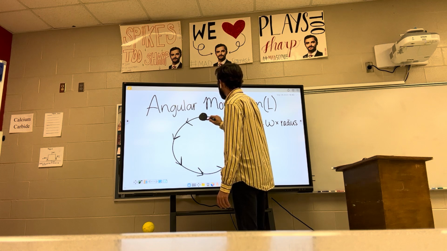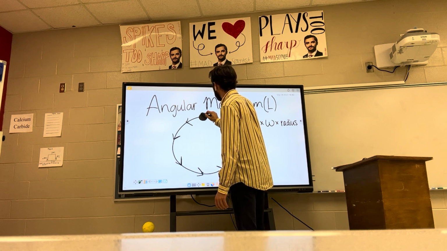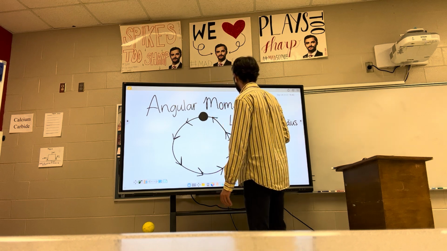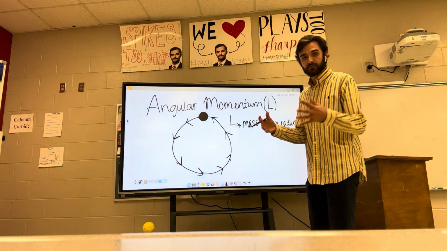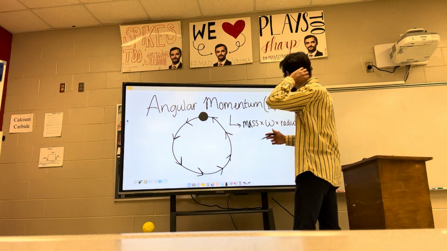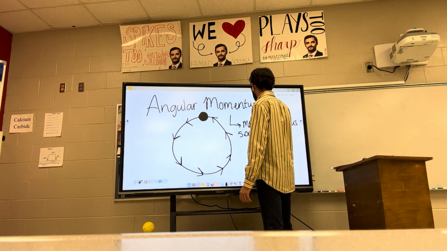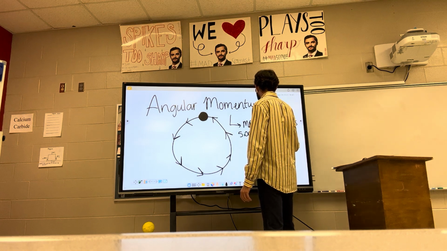All right, so let's say we have an object, maybe a moon, or a comet, or something orbiting a planet. I'm going to use a really small planet's orbit, something like Pluto, something smaller than that. So let's say the mass of this moon, rock, or comet is 5,000 kilograms.